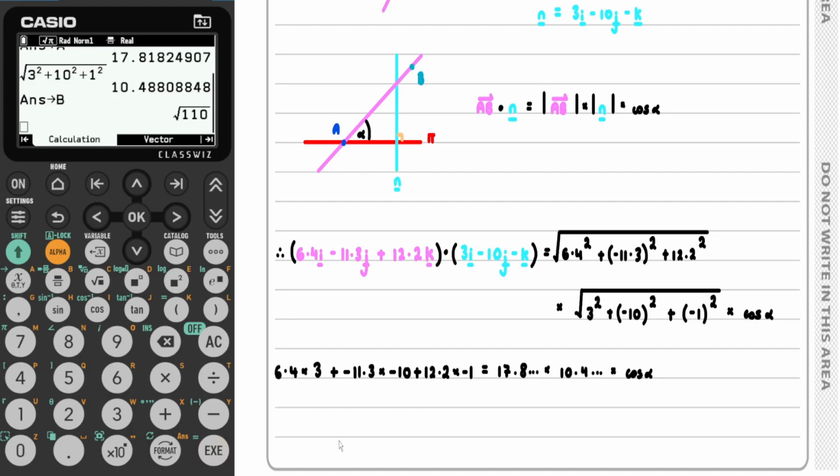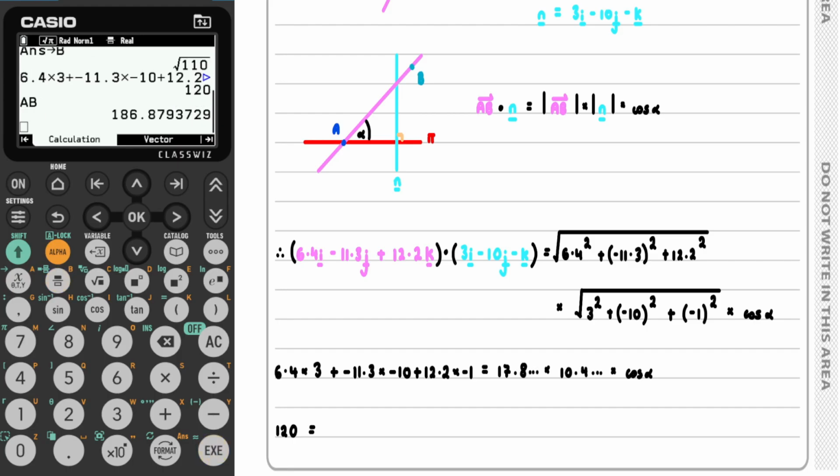And let's work out what the left hand side is. We have 6.4 times 3 plus negative 11.3 times by negative 10 plus 12.2 times by negative 1, so we get 120, and that's equal to, well, if I do A times by B, we get 186.8, etc. times by cos alpha.